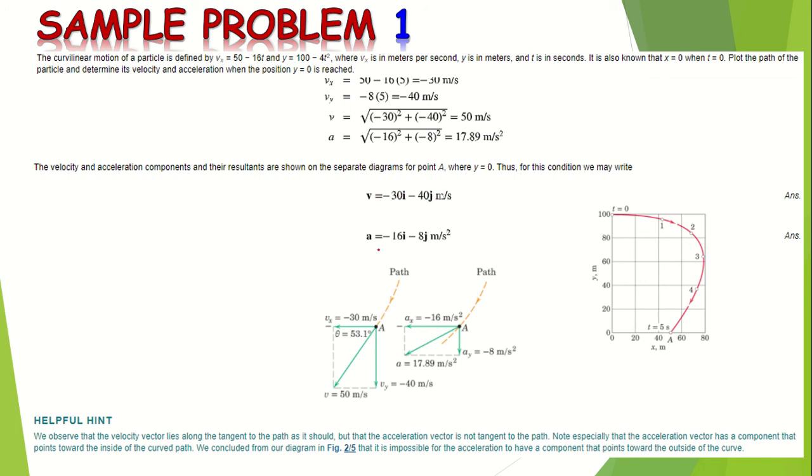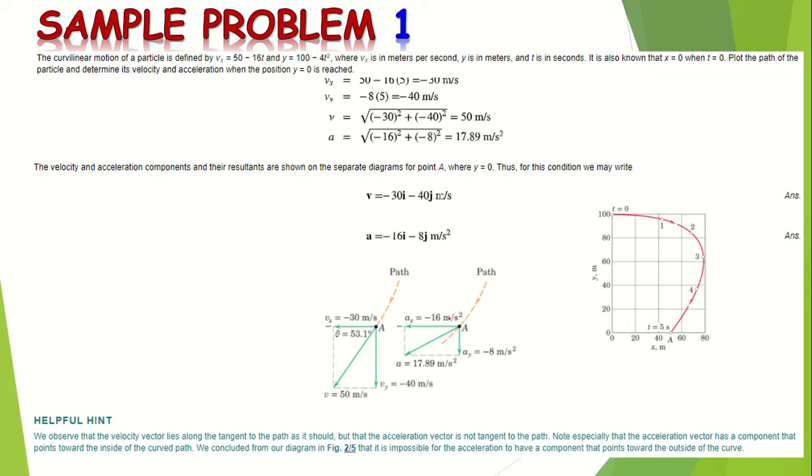Then the acceleration is just the same. You just take this value here. So minus 16 i, minus 8 j, meters per second squared. This is the complete illustration here.